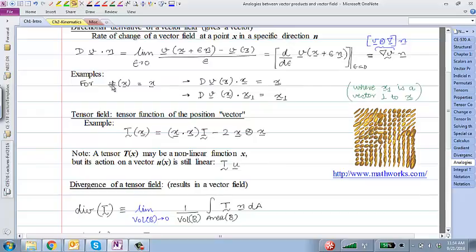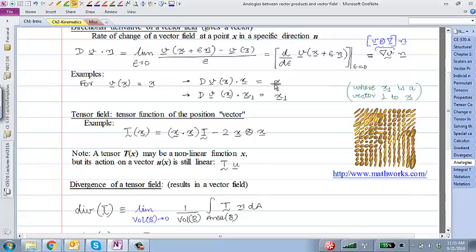We are saying that the vector field x, the original vector field, we are trying to find its directional derivative in any possible direction, which could be n, any direction. In particular, if I chose n equal to x, what I got was that the directional derivative of this vector field is x itself.